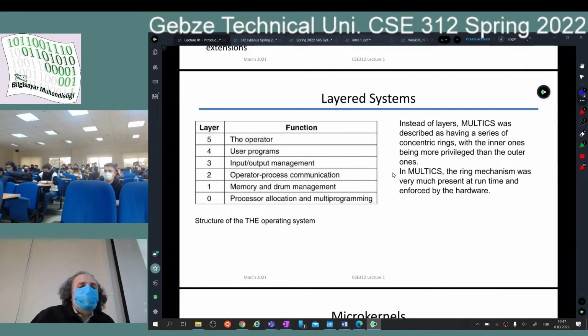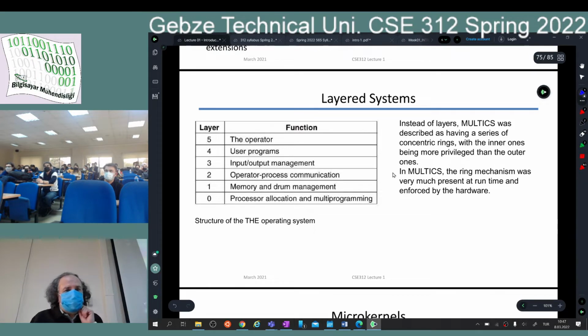If you are above this layer, then you have to make another system call. So the operating system makes other levels of system calls. At the top you have the operator. Operator doesn't have much privilege. If it needs something, then it has to go to layer 4, then 3, then 2, then 1, then 0.